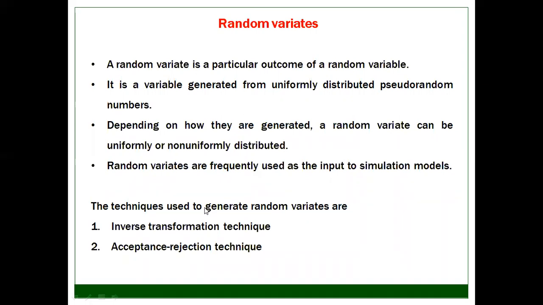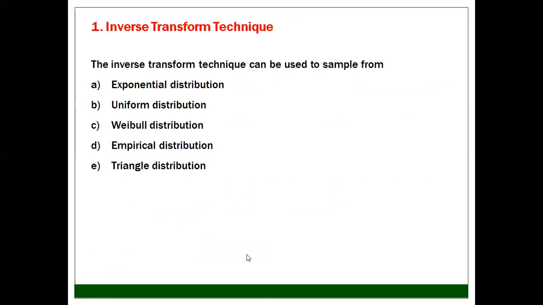The techniques used to generate random variates are the inverse transformation technique and the acceptance-rejection technique. The first one is the inverse transform technique. In the inverse transform technique, we can have different samples from exponential distribution, uniform distribution, Weibull distribution, empirical distribution, and triangle distribution.